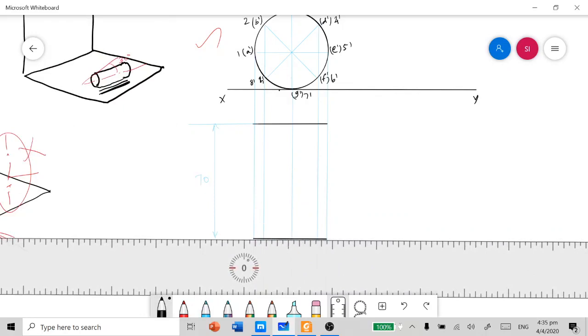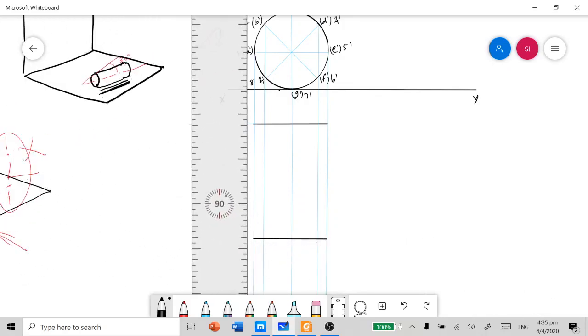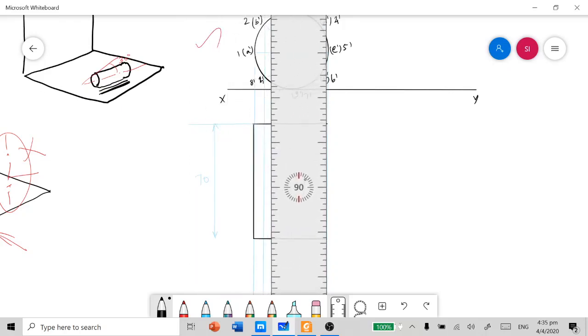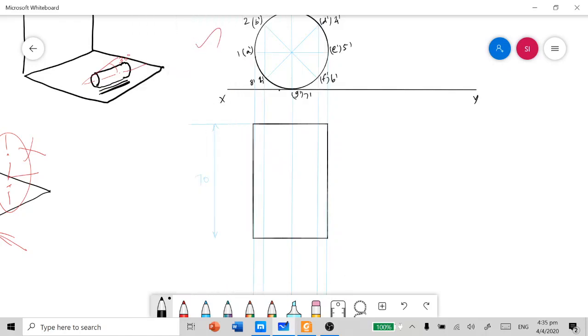It's a cylinder, solid of revolution. So the extreme generators should be darkened and the interior generators you need not darken. And we can name each and every point in the base and face.